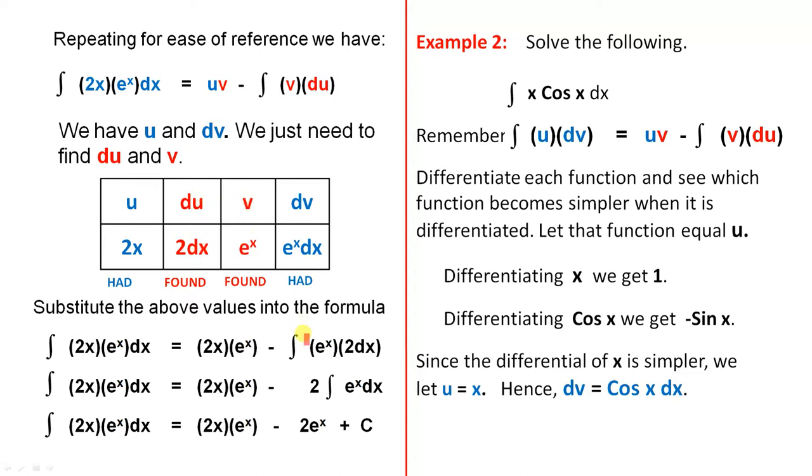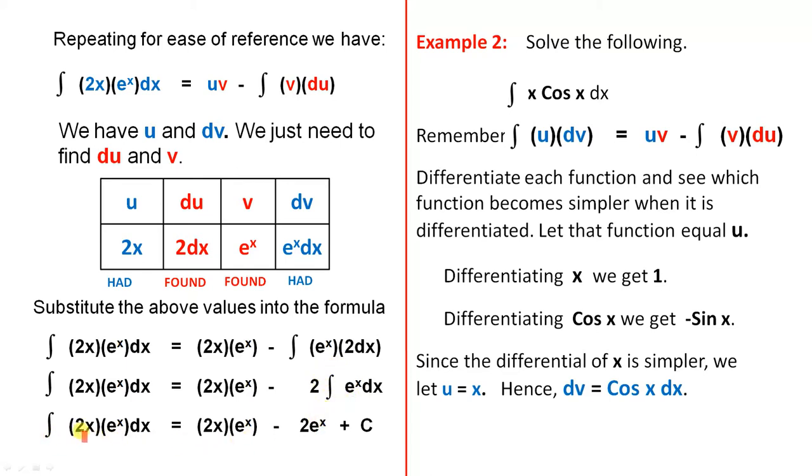Now we substitute everything into the formula, and we get this formula here, because u was 2x, v was e to the x, and du was 2 dx. Now all I've done from that line to that line is take the 2 outside, which you're allowed to do. That's just a constant, so we took it outside. So the integral of e to the x dx is just e to the x. So from that line to that line, all I've done is perform this integration. And here is our answer.